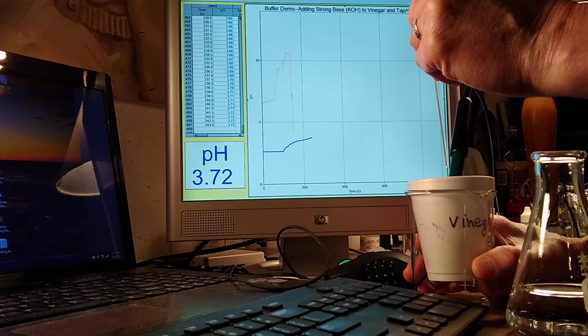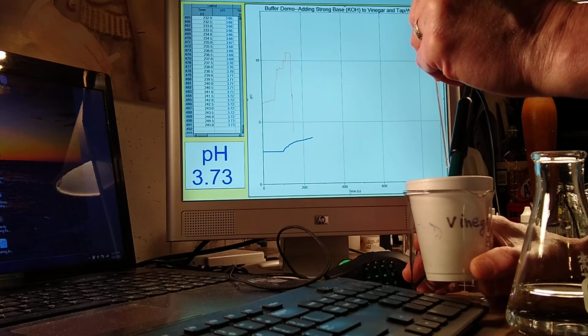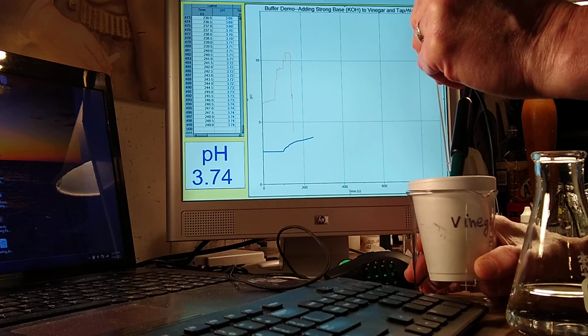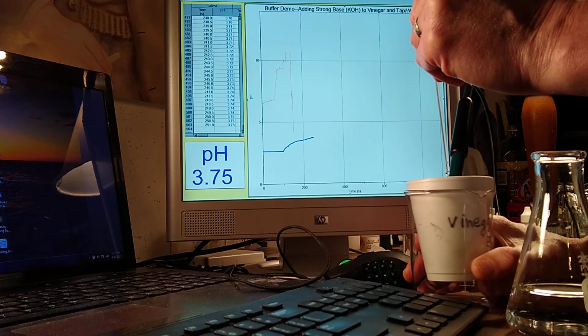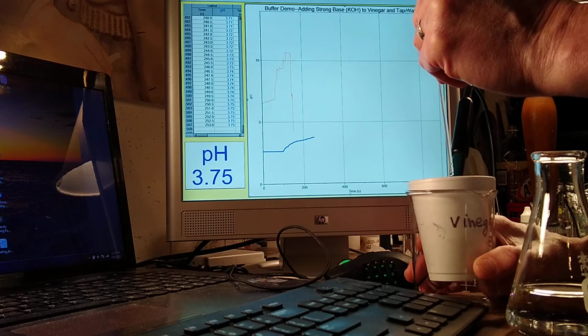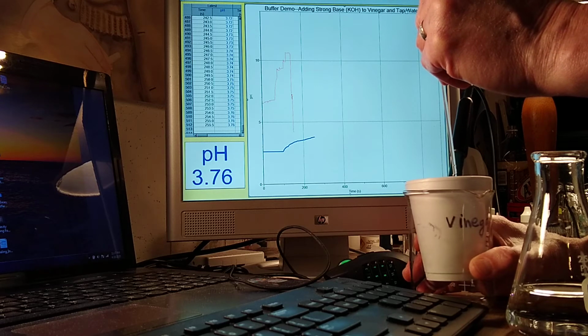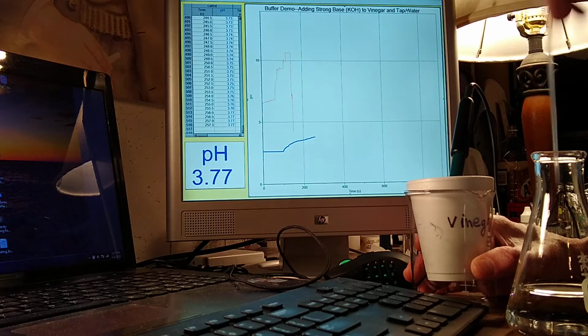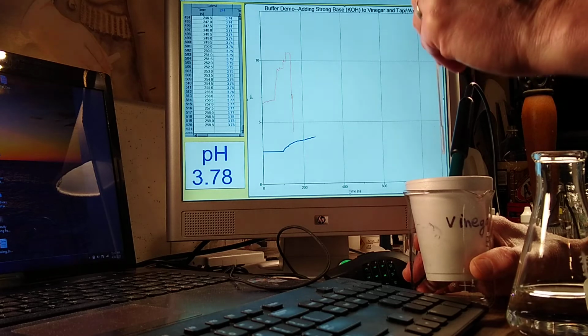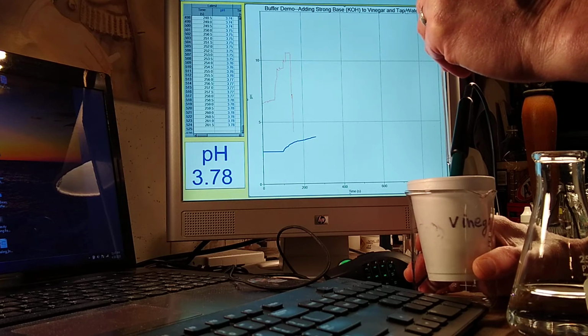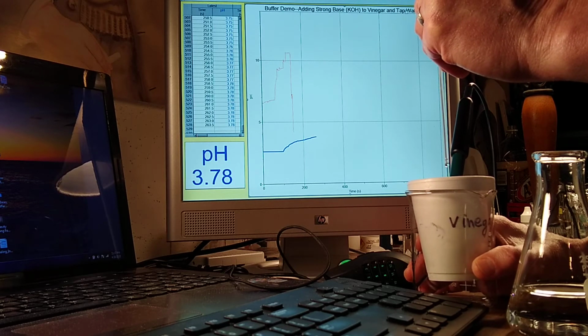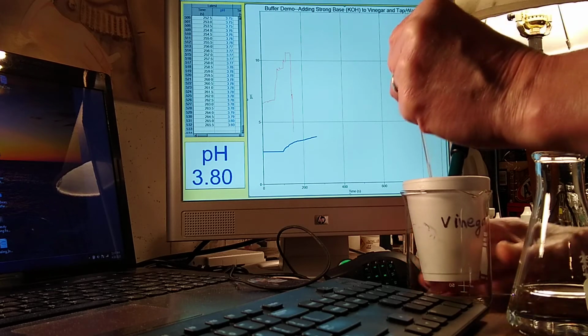Look how the base that I added to the water drastically changed the pH of the pure water with this other graph. With this graph, you can see that there's only a gradual increase in pH as I'm adding in quite a bit. I'm dropping in about 1 to 2 drops of KOH every second.